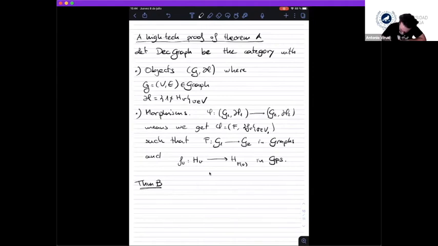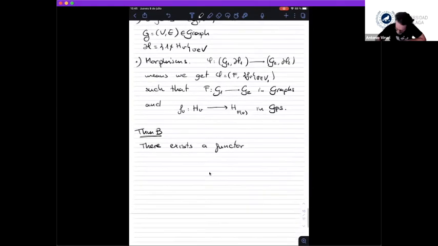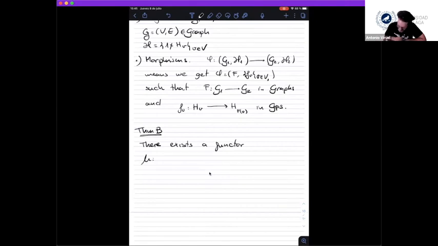So theorem B. There exists a functor, I will call it M again, that goes from decorated graphs into partial groups.